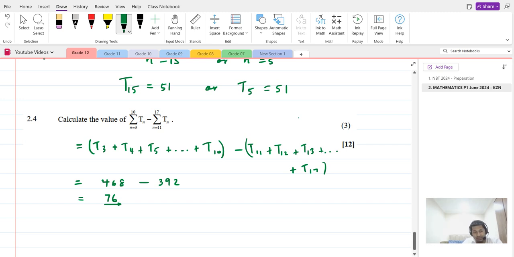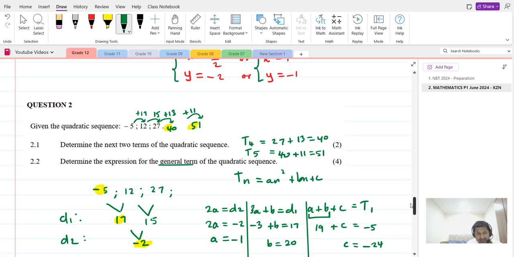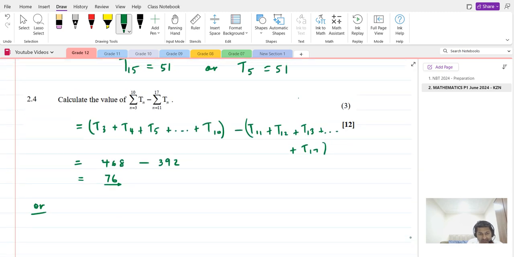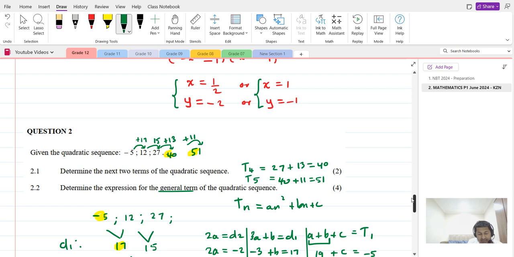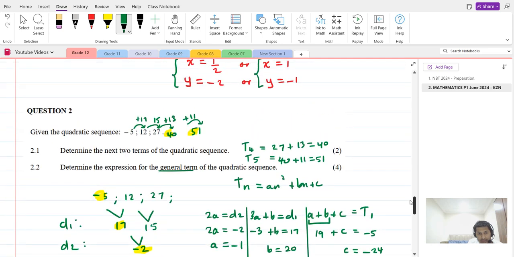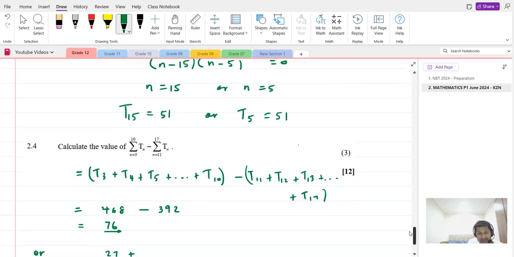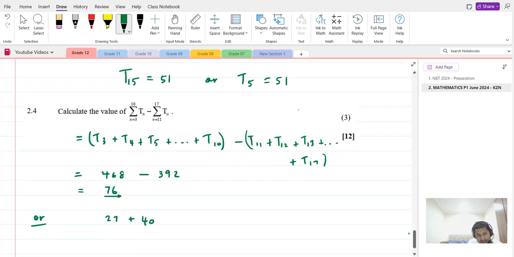Okay, so that's what we got. Now remember what term 3 was? 27. So that is 27. Term 4 was 40, then 51, plus dot dot dot.